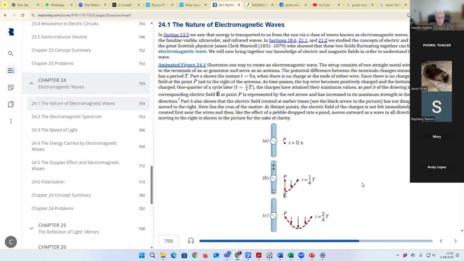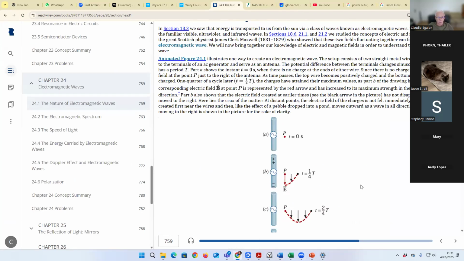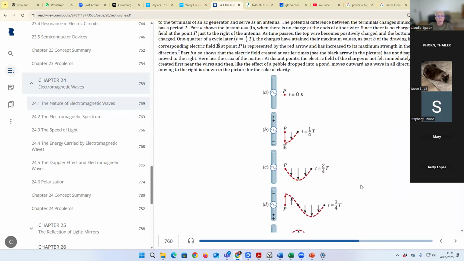In this case, what do we have here? We have a generator right in here, okay? And this generator has two antennas. It's not a closed circuit, okay? You don't have to have a closed circuit to have a current flowing through this circuit, okay?